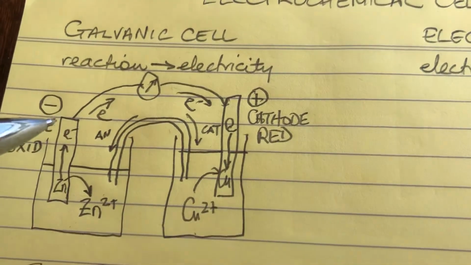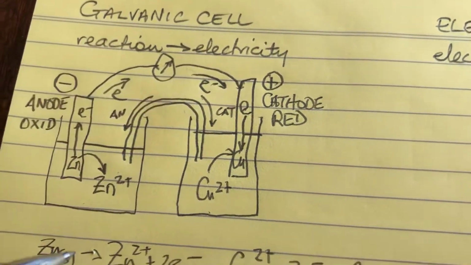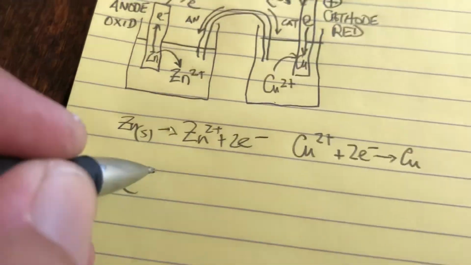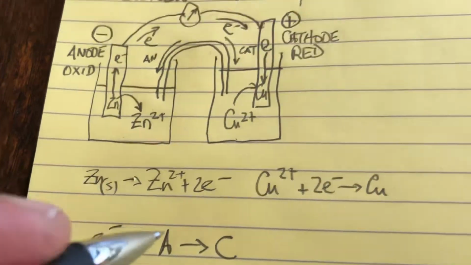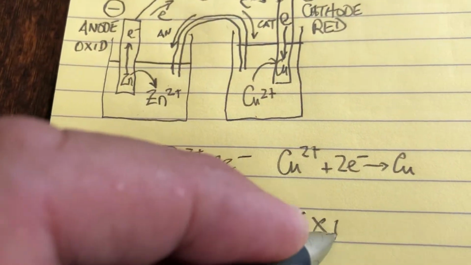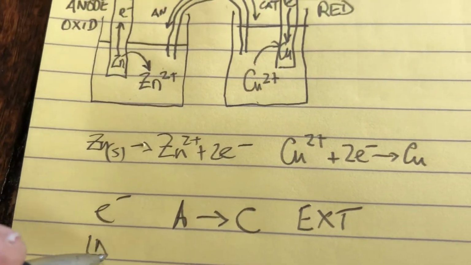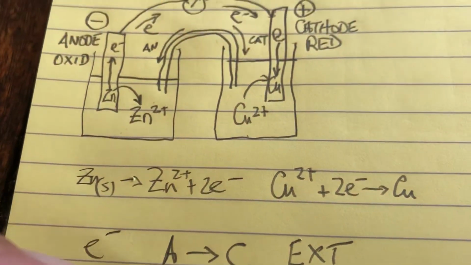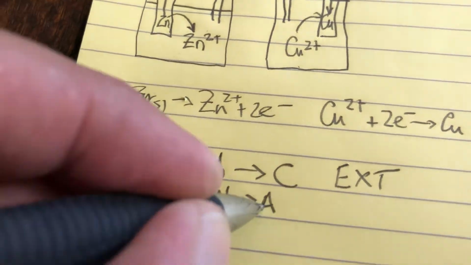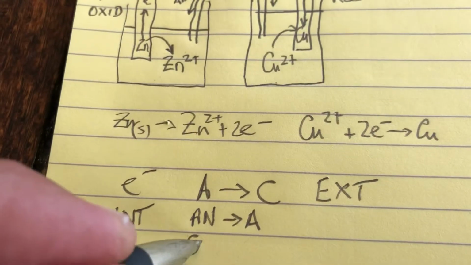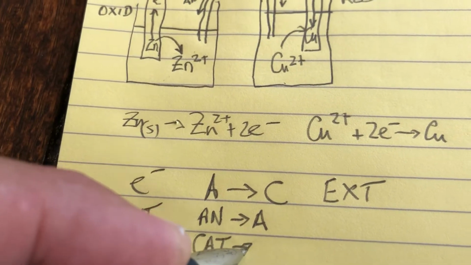Now, in the external circuit, electrons always flow from anode to cathode. In the internal circuit, anions go to the anode and cations go to the cathode.